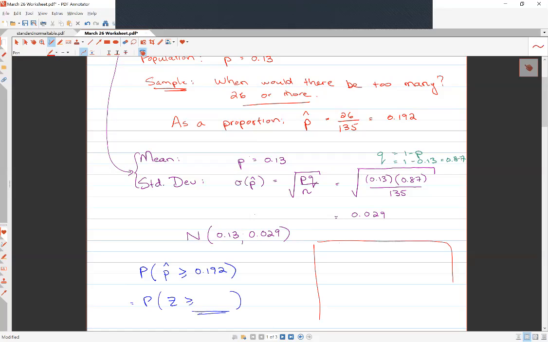Now my z-score formula, when working with a proportion, is given by p hat minus p divided by sigma, which is the standard deviation. So in this case, it's 0.192 minus 0.13 divided by 0.029.